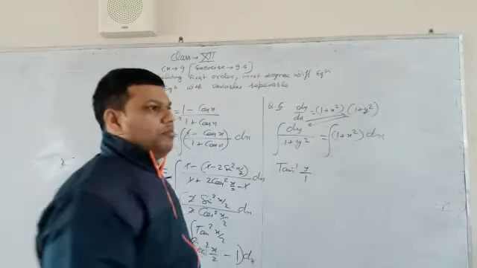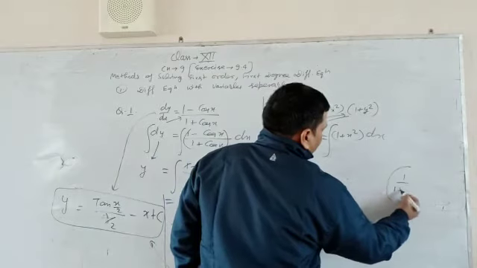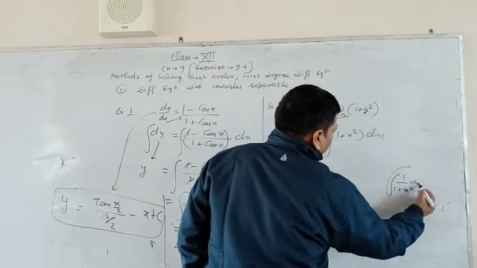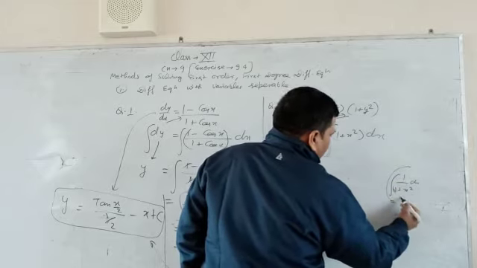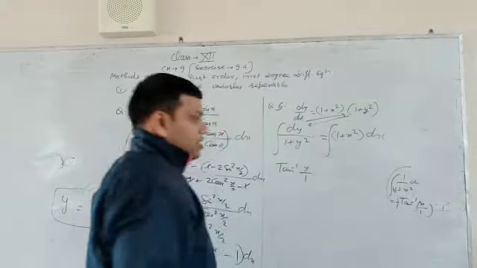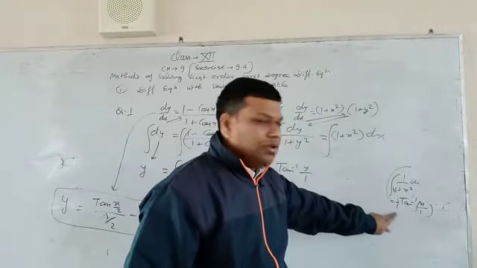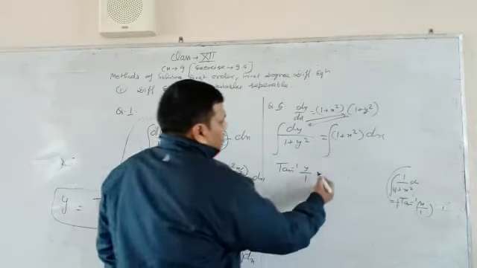What is the formula for this? The integration of 1 upon 1 plus x square is tan inverse x upon 1, and if it was a square, then 1 upon a. So you can write that.